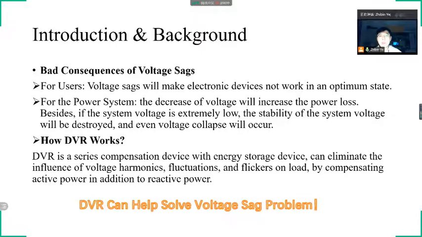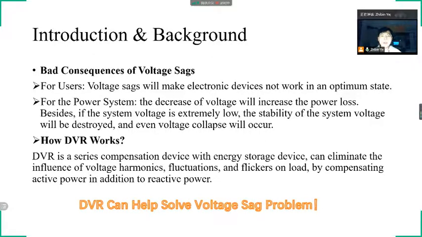And the voltage sag is one problem of bad power quality. And as for the bad consequences of voltage sags, for users, voltage sags will make electronic devices not work in an optimal state.